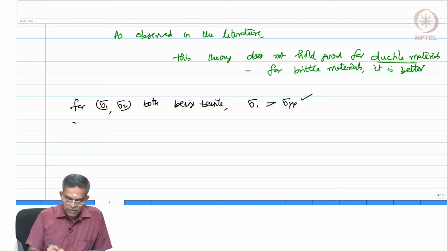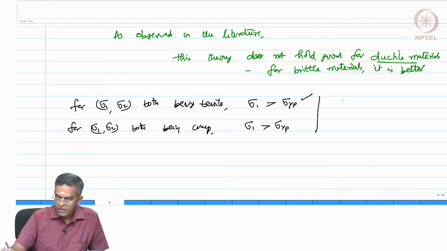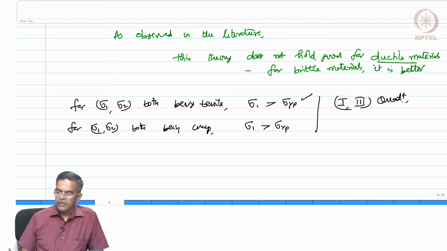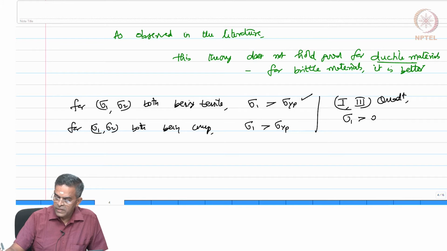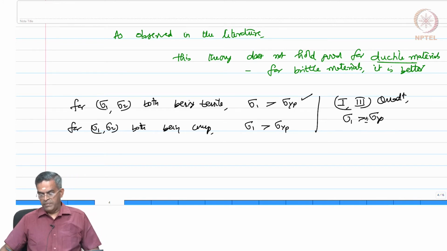Same story for sigma 1, sigma 2 both being compressive. Still sigma 1 can exceed sigma yp. It means in the first and third quadrants, sigma 1 exceeds sigma yp. I should say plus or minus sigma yp. Okay?